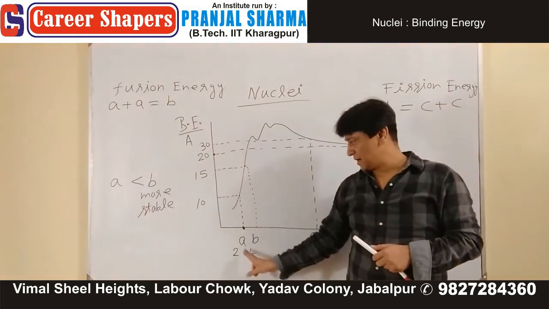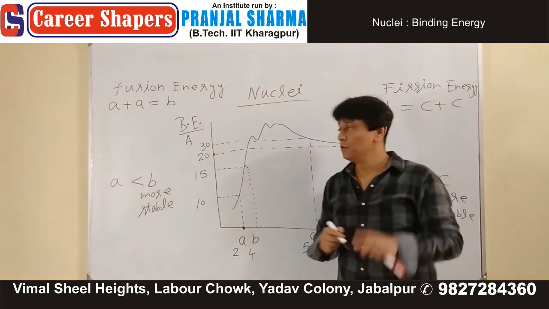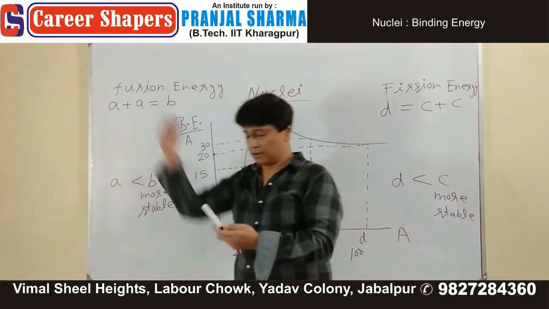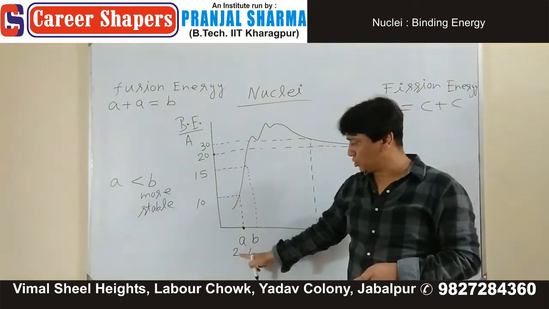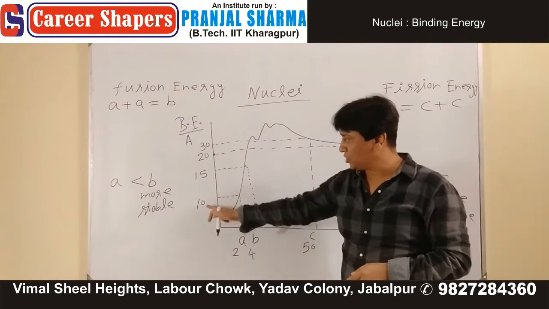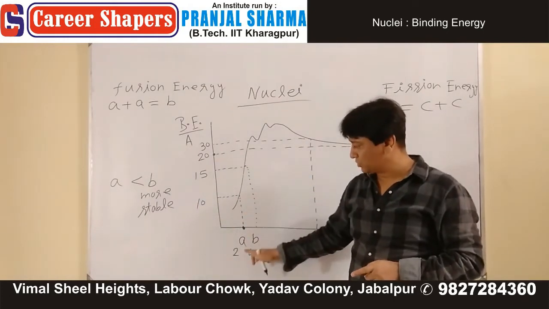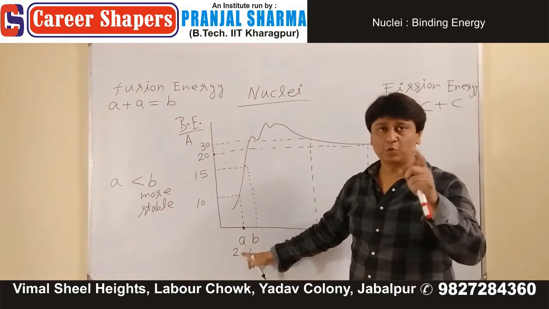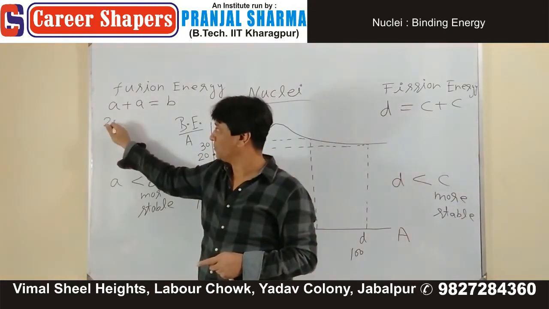When I say that A and A group together, what happens? Look here. A, binding energy per nucleon is 2. B, binding energy per nucleon is 10. How many nucleons are present? 2. So what is the energy of A? 20.